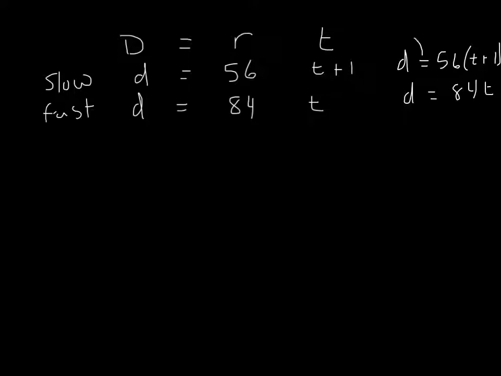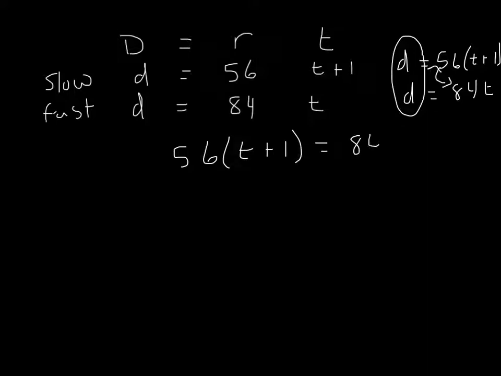Our d's are the same, so that means that these two are equal to each other. So we have 56 times (t plus 1) is equal to 84t. Now we just have to solve for t. Distribute, so 56t plus 56 equals 84t.